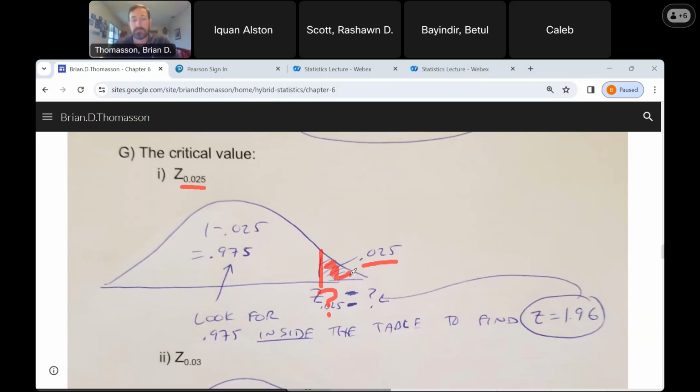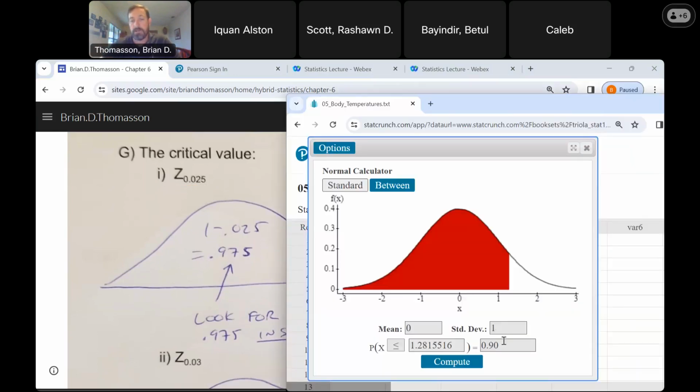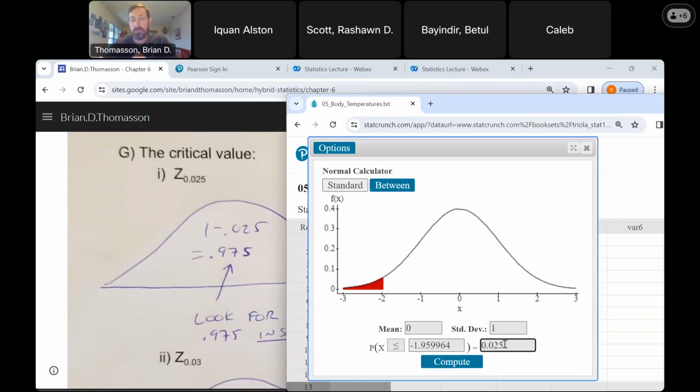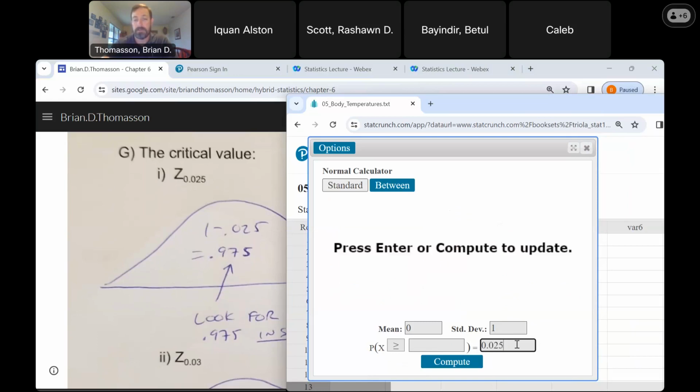Now they're giving us the inside or the area. So let's see how StatCrunch can help us there. If I enter in 0.025, the problem is that's the lower bound. I don't want the lower bound. I want the upper bound to be 0.025. So I need to switch that around. Enter in 0.025 in the upper piece.